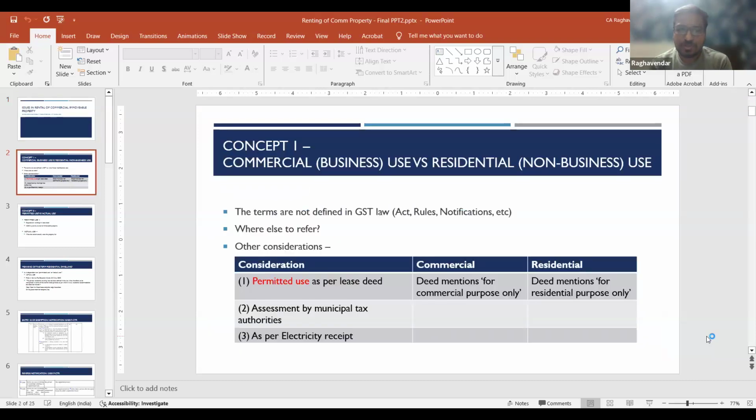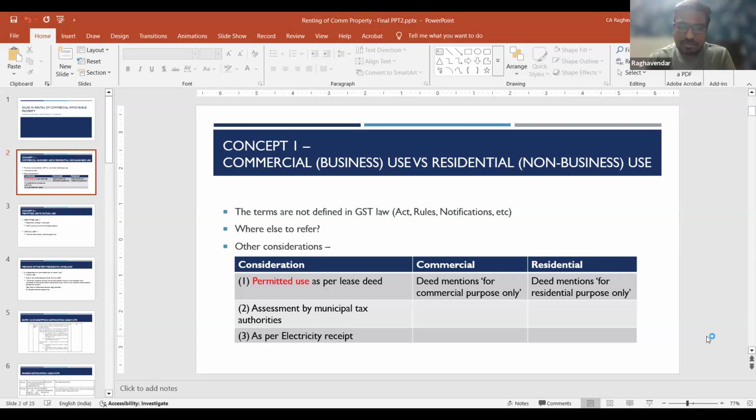First, we need to distinguish between what is commercial versus residential use. From my understanding, the terms commercial and residential have not been specifically defined in the Act, so we need to look into other sources.